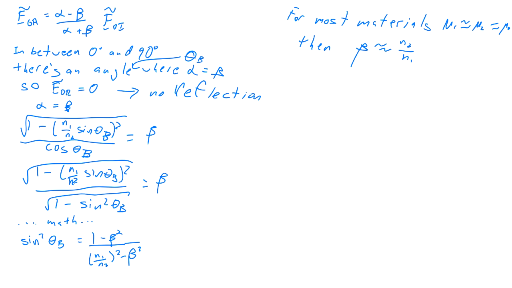So, all right, then our sine squared of Brewster's angle simplifies down, right? We've got 1 minus beta squared over this ratio. Well, that's 1 over beta squared.